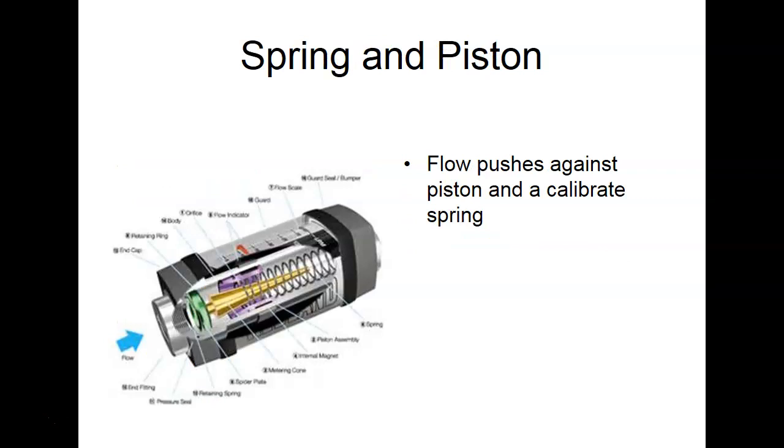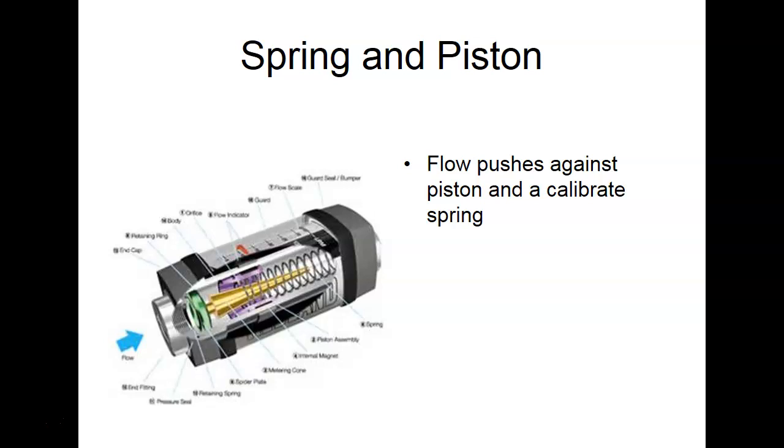This is called a piston and spring. Basically we have a piston and it's working against a calibrated spring. A standard spring would compress or expand at a precise force. A calibrated spring means these guys have trimmed it so it expands and contracts at a precise force that we understand, right?